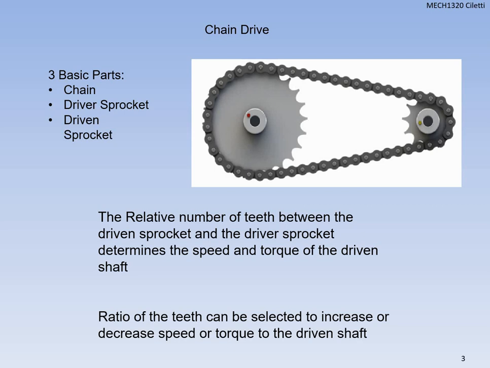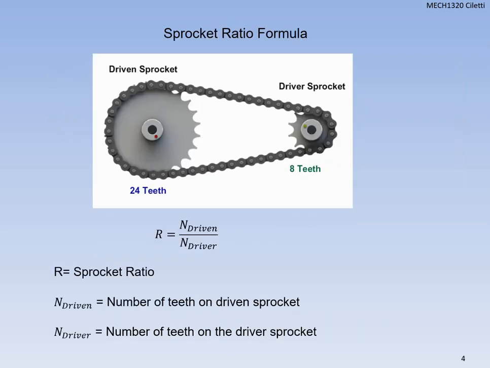Having a good understanding of gears is already going to really help us with a good understanding of chain drives. The relative number of teeth between the driven sprocket and the driver sprocket, just like in gears, determines the speed and the torque. So we're still using that same ratio for calculation. It's driven over driver, or I like to think of it as output over input.